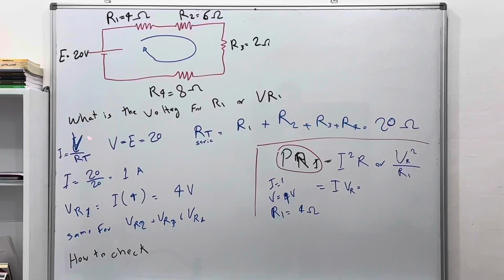By using Ohm's law: V divided by R equals I. But in this case, because we have more than one R, we are using something called R total. So what is R total? And what is V in this case? In this case, V equals E, which equals 20 volts. You see here, this is the value.